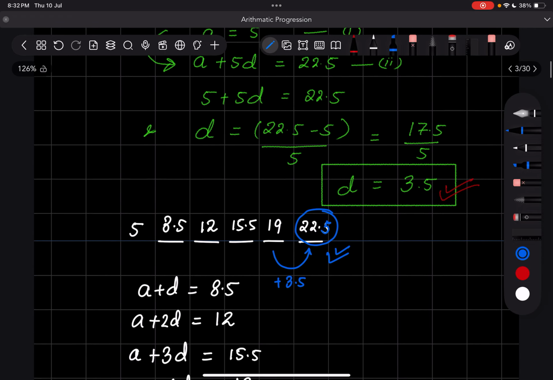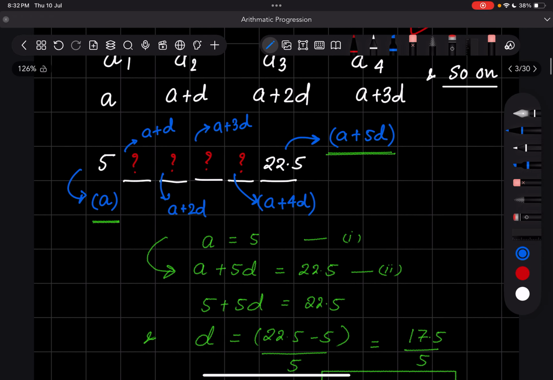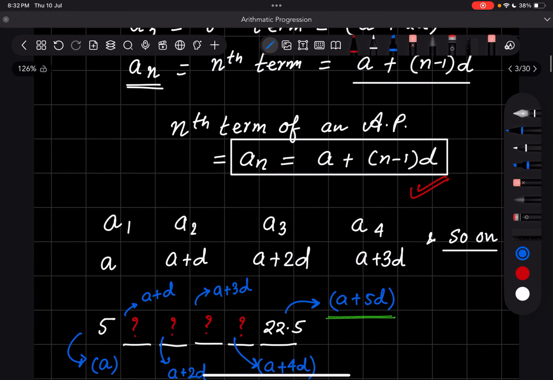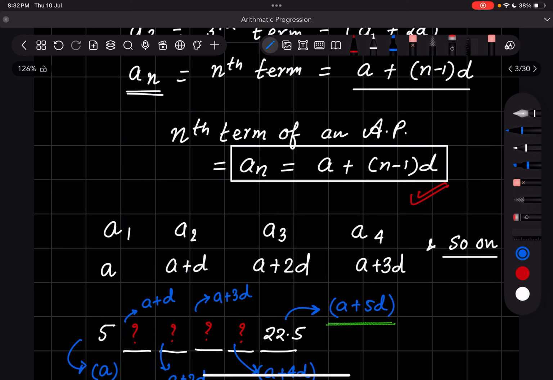So from this example, what we have observed is that even without knowing the general equation that we have just derived, that is an is equal to a plus n minus 1 into d, we can easily solve an arithmetic progression for its nth term or any term that is unknown to us.